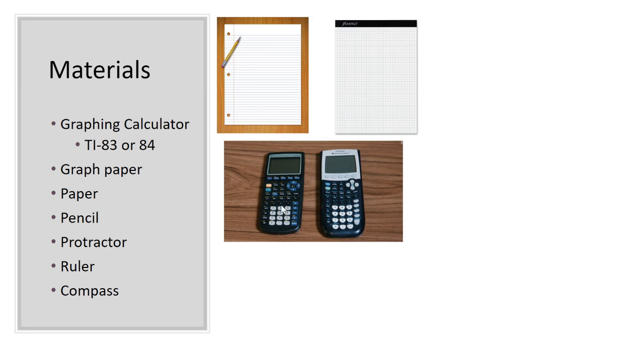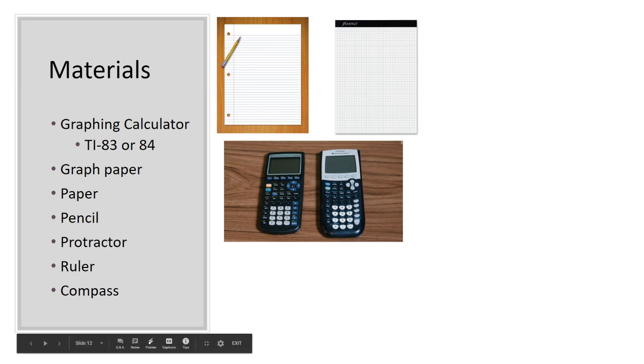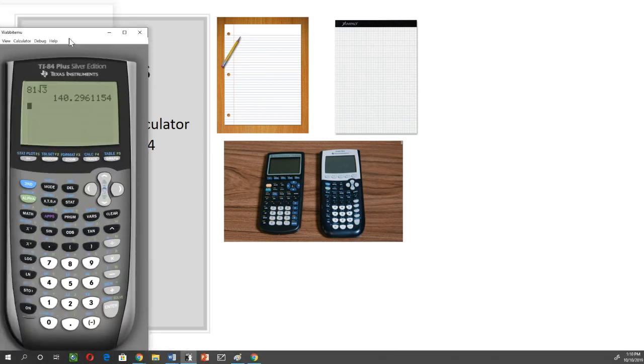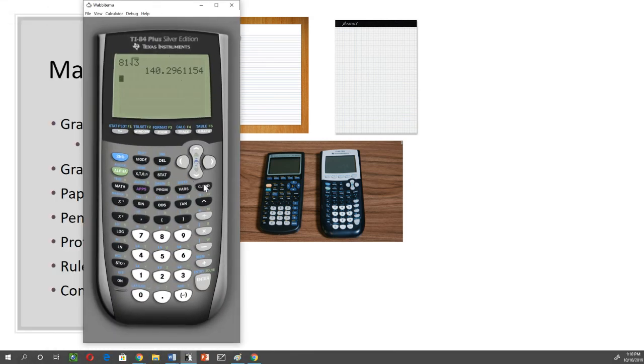And if you don't have a handheld TI-83 or 84 and you want access to a free online version, please let me know, and I will send you some directions on how to get one that will come up on your computer. It looks sort of like this. Mine will pop up. So you see it's an actual fully functioning calculator.